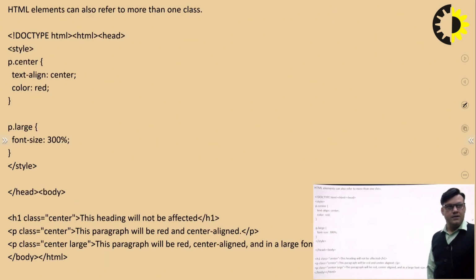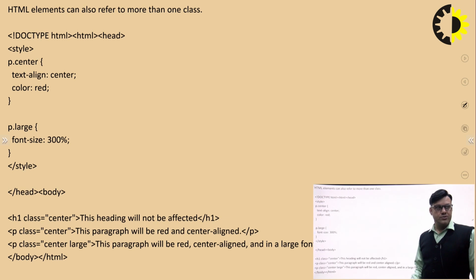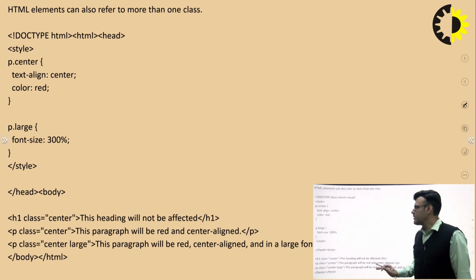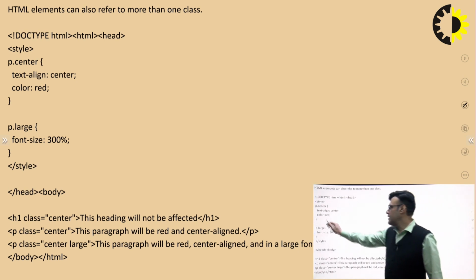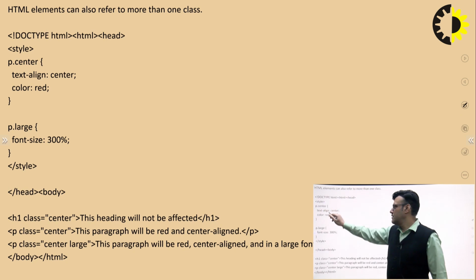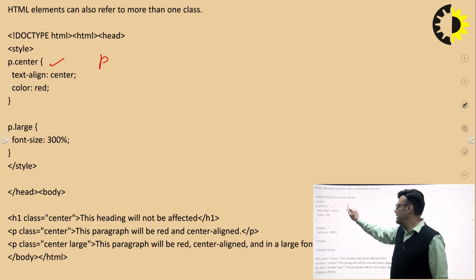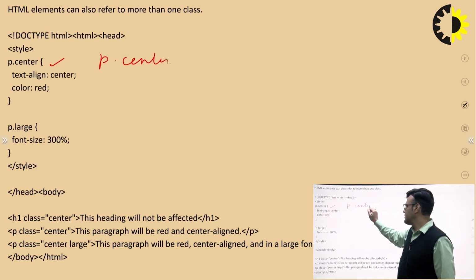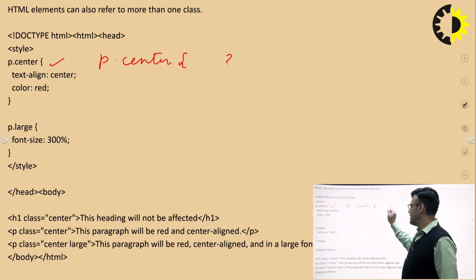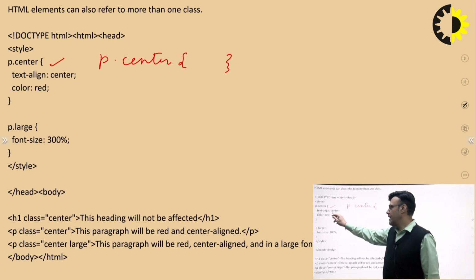Now there is also an example that an HTML element can refer to more than one class, okay? We can also refer to more than one class. For example, one class is specifically for P dot center. This is the one class, in which I have aligned the text in center and the color is red.